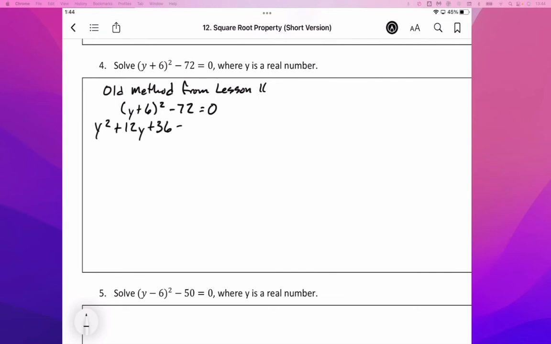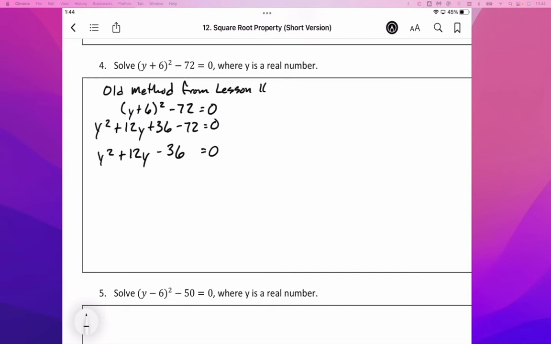If we were to multiply that out, we would get that, and then we would still have our minus 72 on the end. And so we recognize that we can combine the 36 and the negative 72, which would give us y squared plus 12y minus 36 is equal to 0.